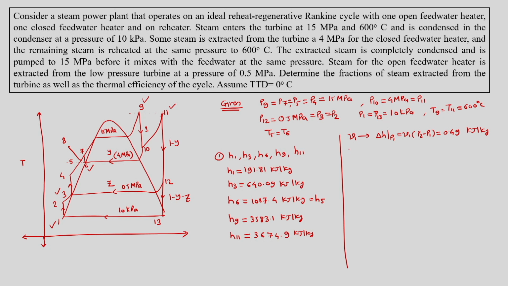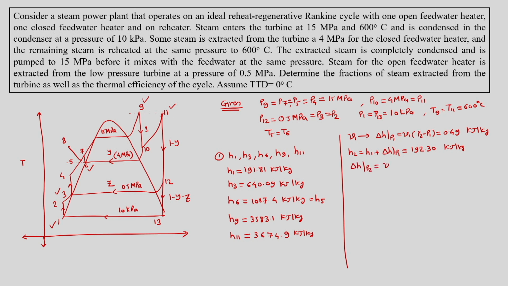This gives us H2, which is equal to H1 plus delta HP1, and we get H2 as 192.30 kilojoule per kg.